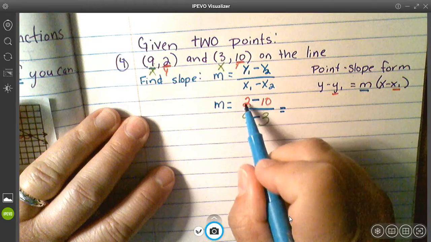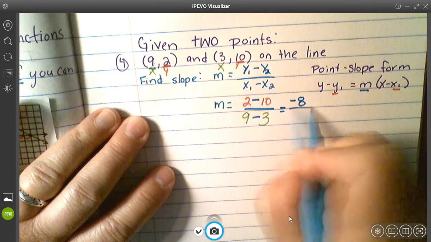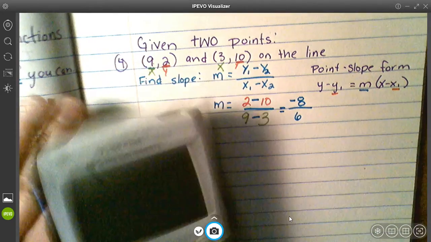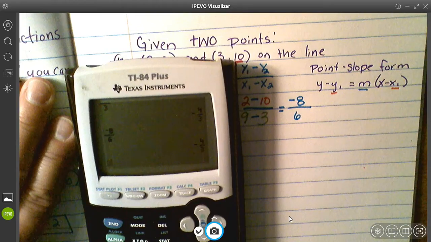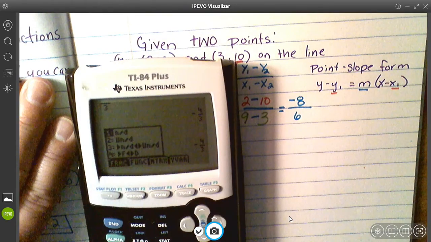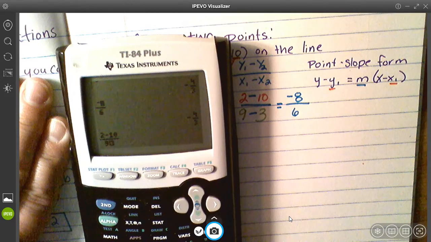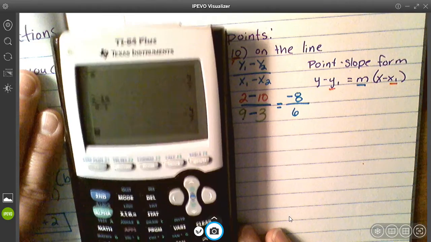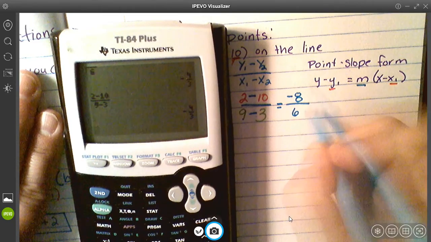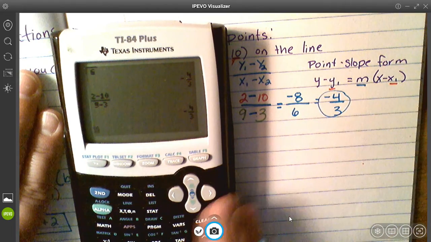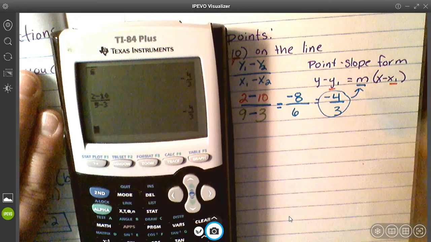When we simplify this, 2 minus 10 is negative 8. 9 minus 3 is 6, which reduces. And just to remind you, the slope is change in y over change in x: 2 minus 10 over 9 minus 3. What do I get? I get negative 4/3. So here's my m, which will go right there.